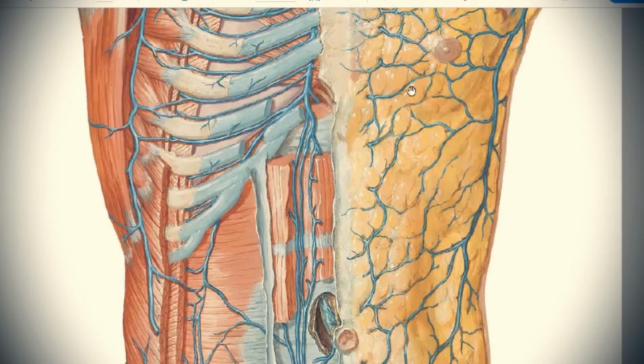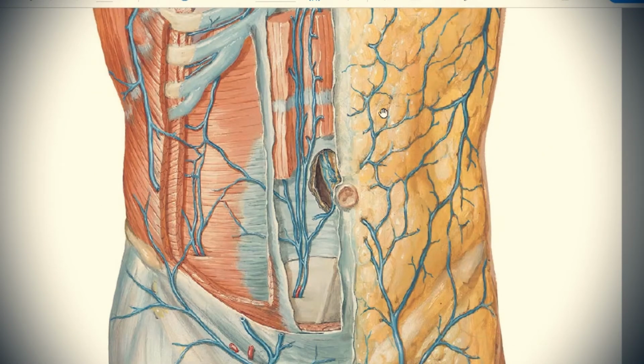And the most interesting and important in this topic is on your anterior abdominal wall. There are a few veins that create a big anastomosis, and these veins are tributaries of vena cava superior, vena cava inferior and vena porta.